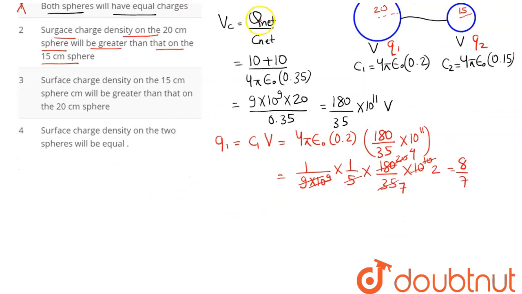Next, surface charge density on the 20 centimeter sphere will be greater than on the 15 centimeter sphere. Now if we calculate the surface charge density sigma, it equals charge divided by area, which is 4 pi r square.